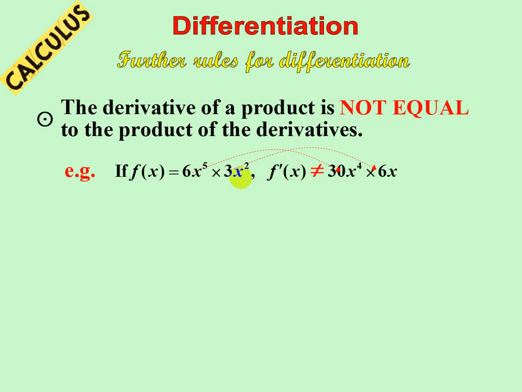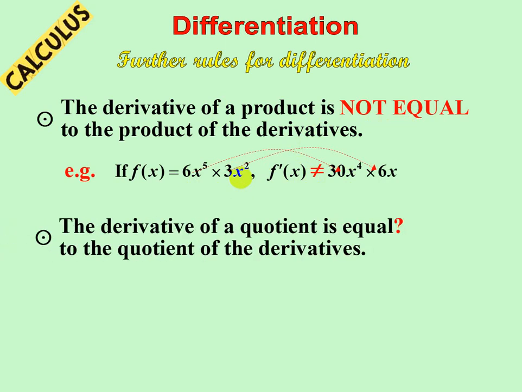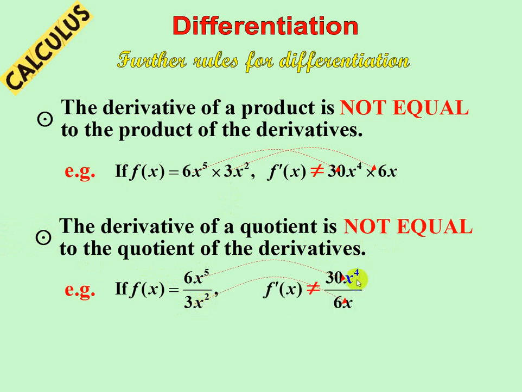We have to do the product first. The derivative of a quotient is also not equal to the quotient of the derivatives. If I have 6x to the 5 over 3x squared, I cannot differentiate the top and differentiate the bottom and end up with the correct answer. So not equal to.